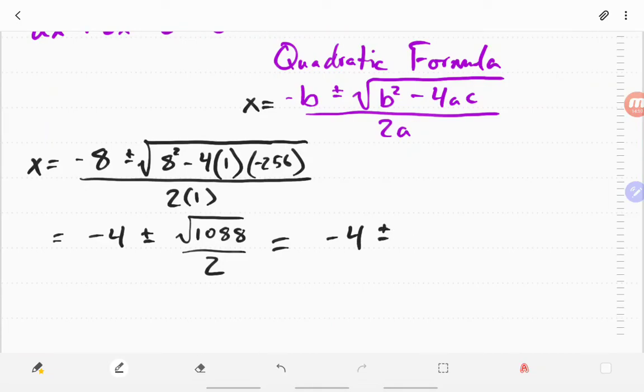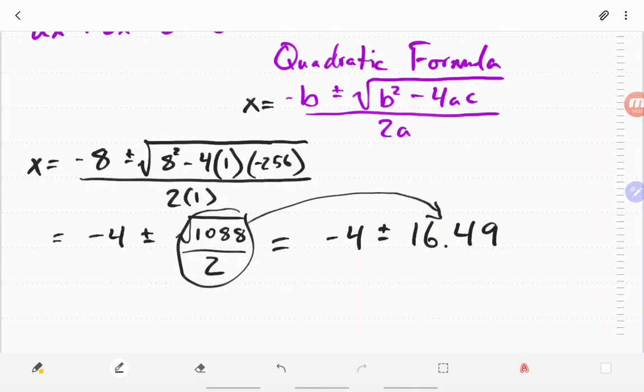And, you know, we could just use our calculators and find the square root of 1,088. It's about 32.98. So we got plus or minus 32.98 divided by 2, which is 16.49 roughly.